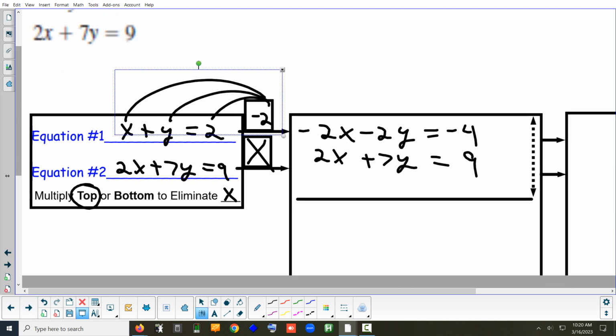Joe, when I add the first column up, what do I get? So pretend like the x's weren't there. What if you just had that? -2 plus 2.